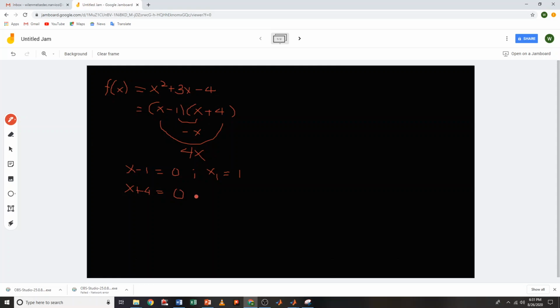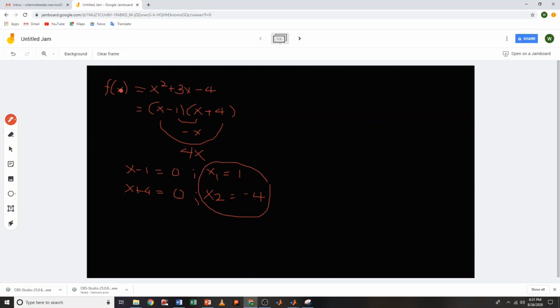So again, x2 is equal to negative 4. Okay. So particularly, these are now the roots of the function f of x equal to x squared plus 3x minus 4.